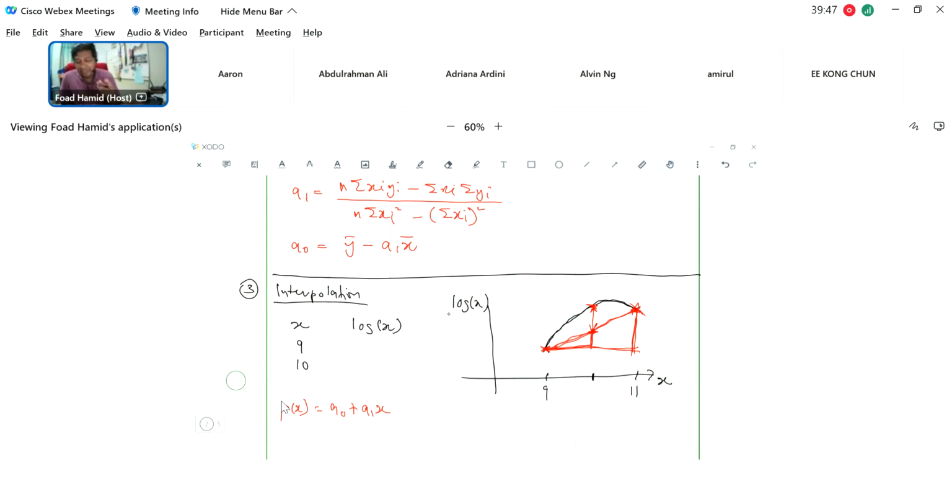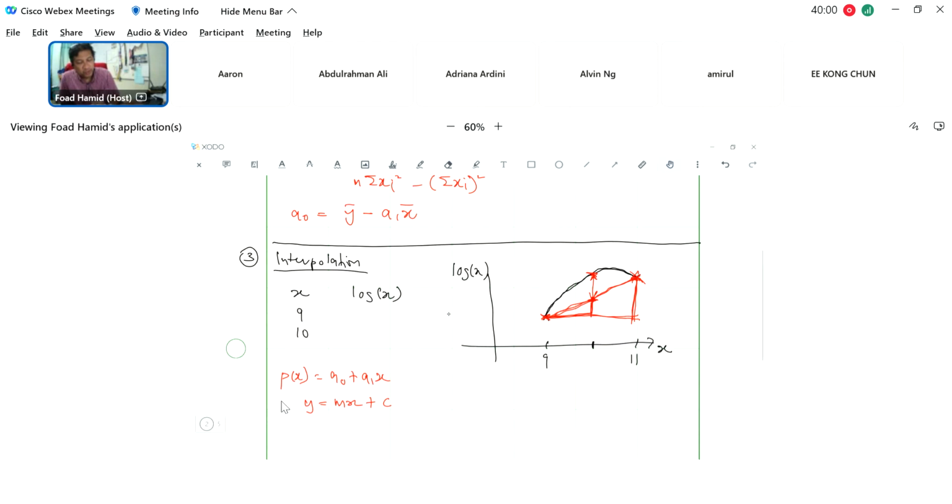I think you have done this a lot of times. The simplest way is to find y equals mx plus c. Once you know m and c, you can just plug in your x value to find your y.